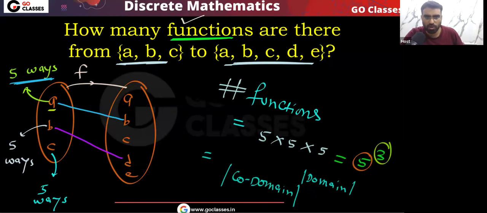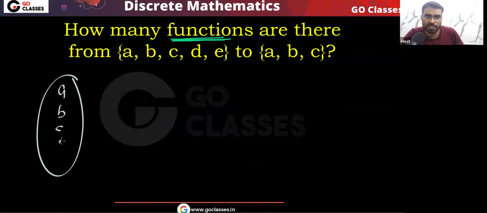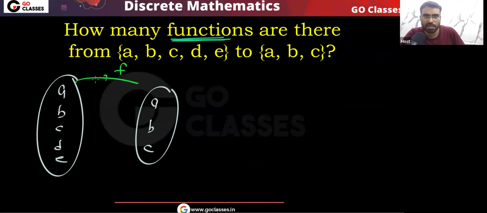Okay, let's move on. So I hope you understood. Tell me the answer for this question. How many functions are possible from ABCDE to ABC? Again, very simple. From this set ABCDE to this set ABC, how many functions? I want to create a function. Then tell me, function means every element of domain must have exactly one image.